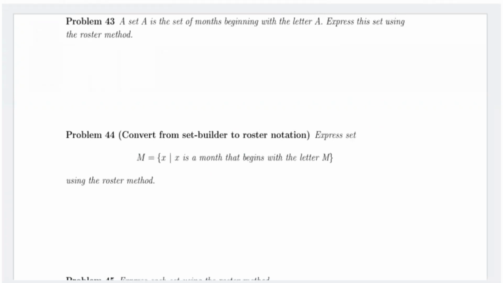Once you have a roster, know how to write it in set builder, and back and forth. Roster means listing out all the elements. Word description, we describe in words. Go ahead, 43 and 44. More exercise, you could understand better.